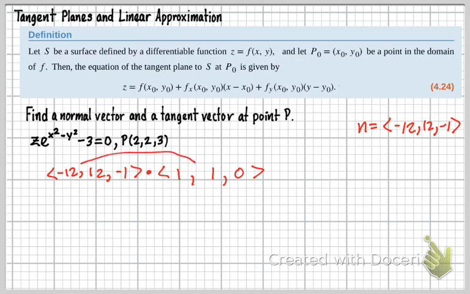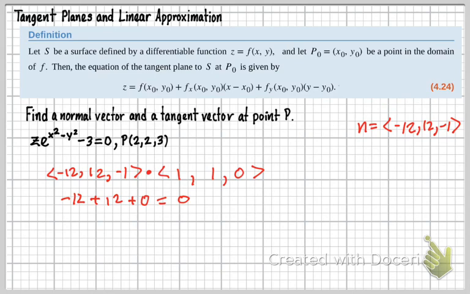So negative 12 times 1 is negative 12, and so on, and I add them. And again, that's all I'm doing here with dot product. That's going to give me 0. And when the dot product is 0, those vectors are orthogonal, which means since this is a normal vector here, the one I found is a tangent vector.